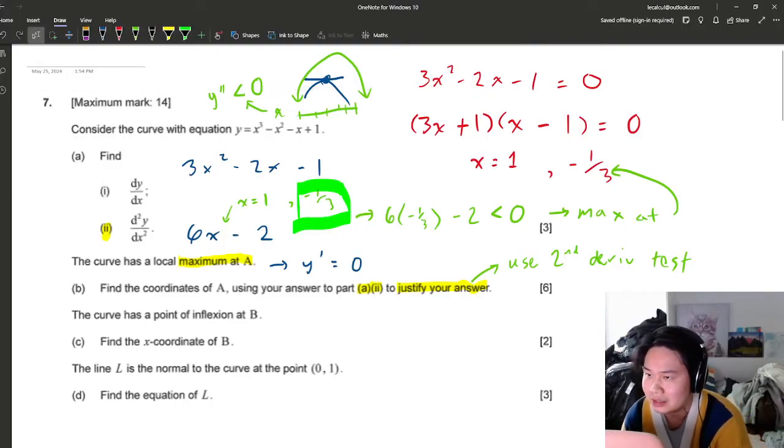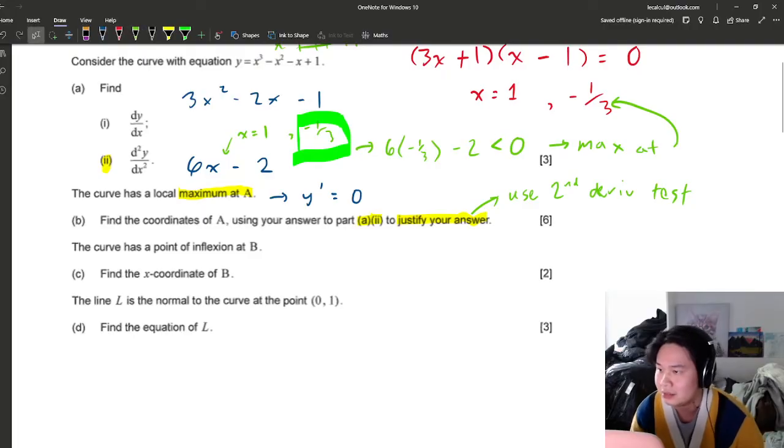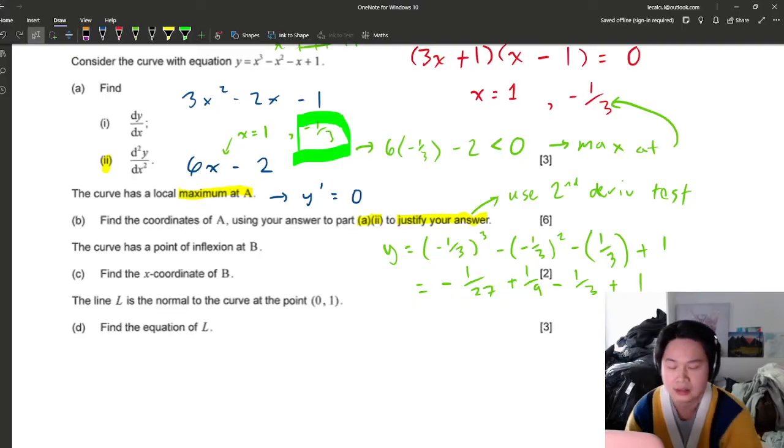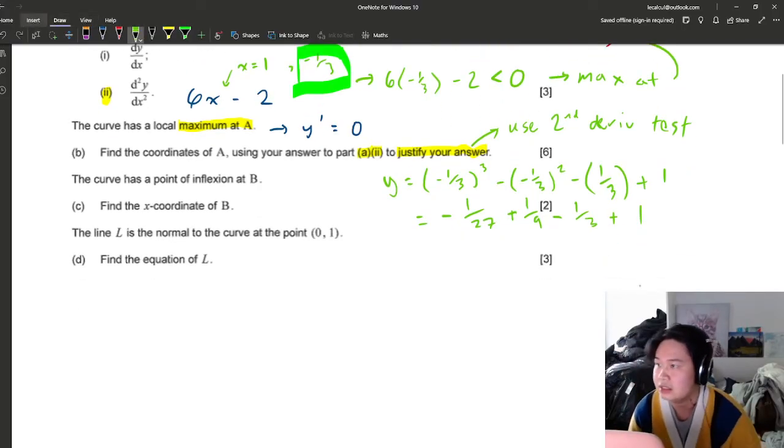It's a little annoying that they're making you do fraction math, but fine. Negative 1/3 to the power of 3 minus negative 1/3 squared minus 1/3 plus 1. Oh my gosh. Okay, so this is negative 1 over 27 plus 1 over 9 minus 1/3 plus 1. Okay, let's make everything over 27.